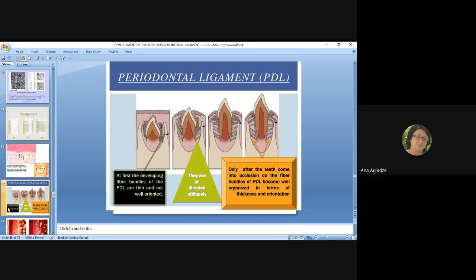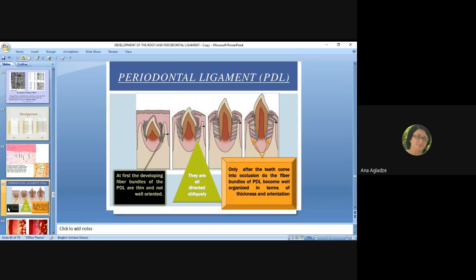They are remnants of Hertwig's epithelial root sheath, which, as a closed epithelial layer, provides a template into which the dentin of the root is deposited from the inside. The disintegration of Hertwig's epithelial root sheath is the precondition for deposition of cementum on the root surface.